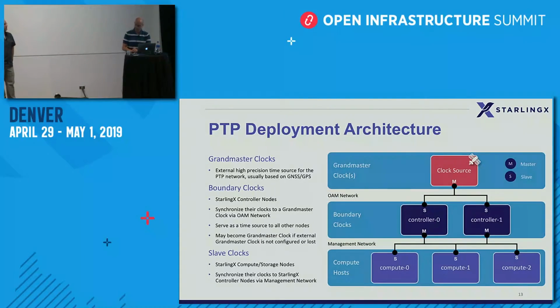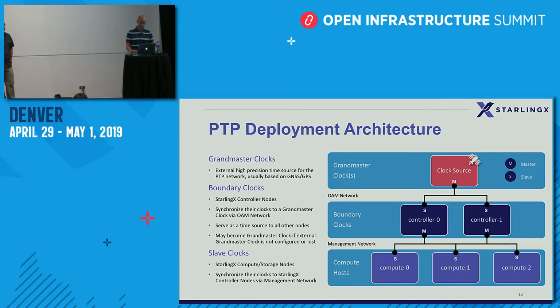And let me go back to this PTP architecture diagram first, and I will highlight the StarlingX node roles in this architecture deployment. Basically, as Matt mentioned, to get the best results from PTP, you need to have some kind of grandmaster clock that is GPS backed and gets the accurate timestamp from the GPS.